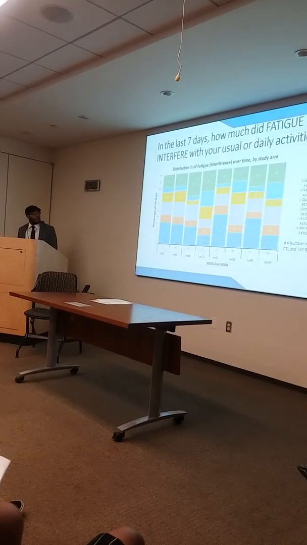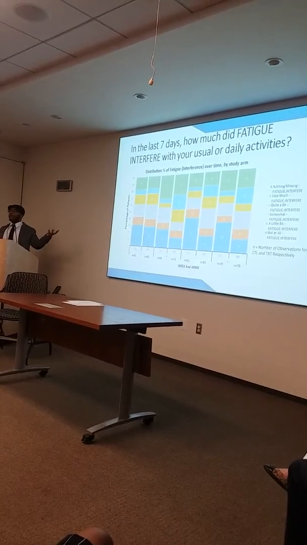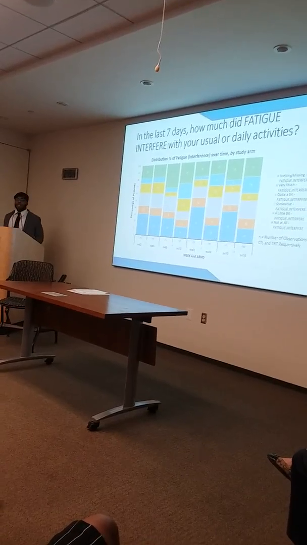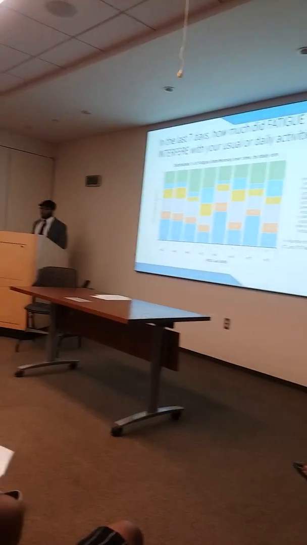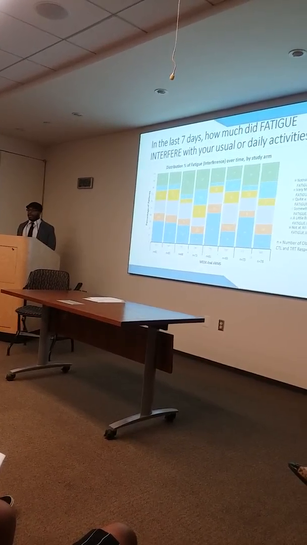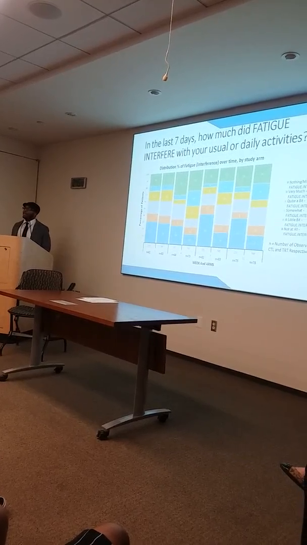Now we're looking at the response over time graph, which is focused on fatigue interference. This is one of the questions that we ask the cancer patients, and these are the different outcomes you would see. Some patients might not put anything in there, or it could be missing. It can be very much, quite a bit, somewhat, a little bit, and not at all.